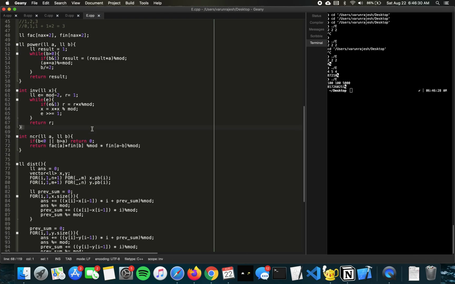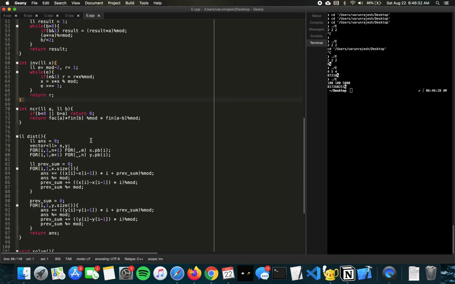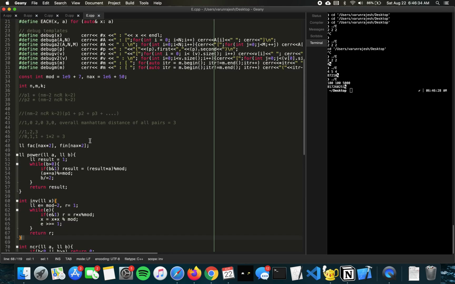Okay, so just to go over the whole process again, we break this problem down into, we first fix 2 points, and then we realize there are nm minus 2 choose k minus 2 ways to pick the other points, which then means that these 2 points have to be in nm minus 2 choose k minus 2 of the arrangements.